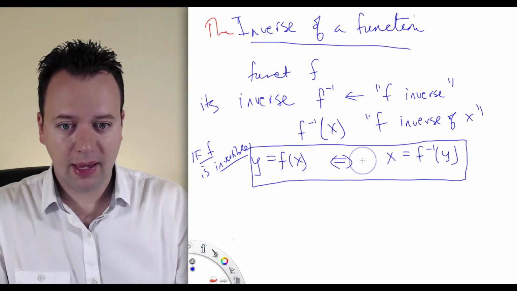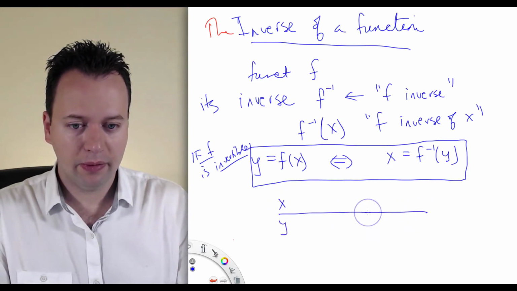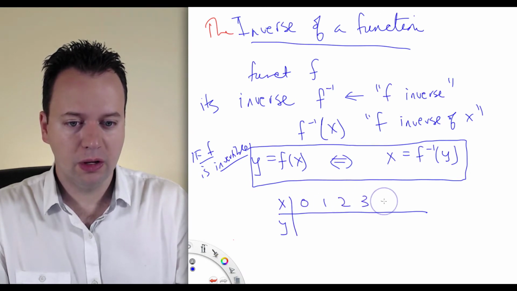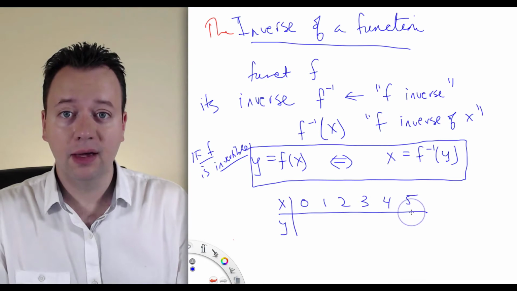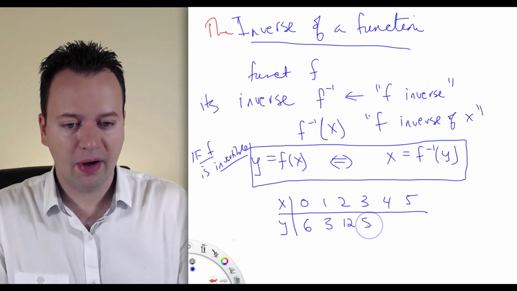So let's look at an example. Let's look at a table. Let's say we have a table where we have some x values, 0, 1, 2, 3, 4, 5, and some outputs, 6, 3, 12, 5, 14, 7.